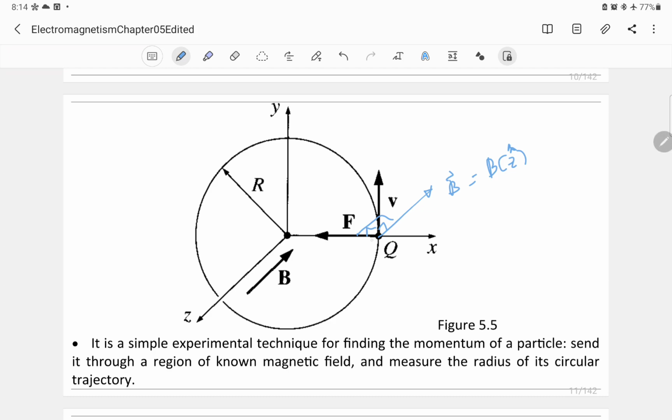So in this case, if you have a charge moving that way, and if you look at this motion through the Z axis, you'd really find a circle, and the charge would just be moving in a circle with radius r.